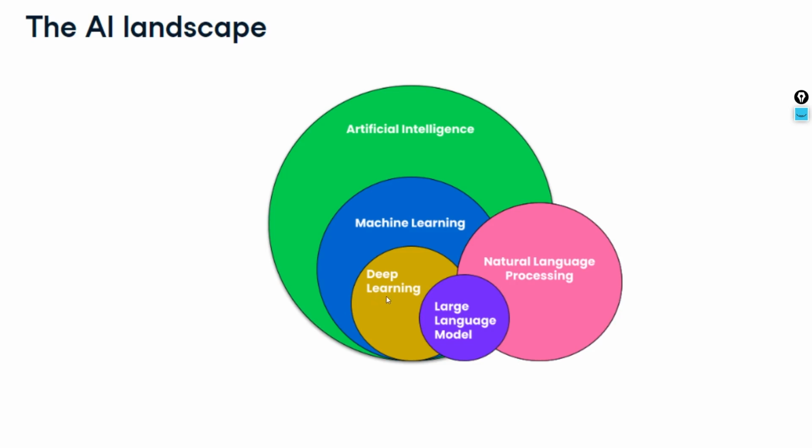Then we had deep learning, where we change the techniques and make machines learn how humans learn. Then we had natural language processing, which understands human language. It has many subtasks, like language translation or text summarization. Large language models are the overlap between deep learning and natural language processing. It's similar to generative AI. Whenever we talk about generative AI, we are talking about large language models.